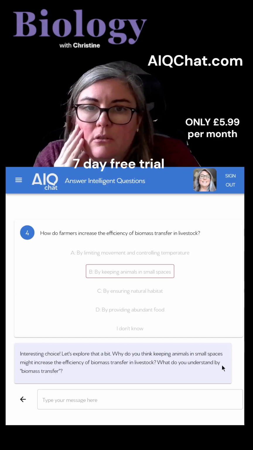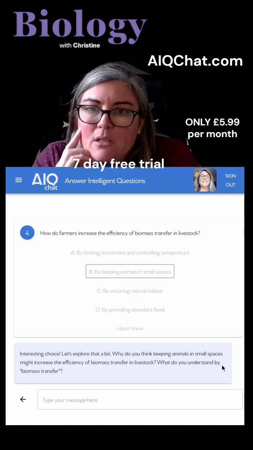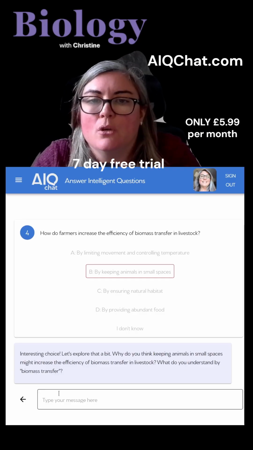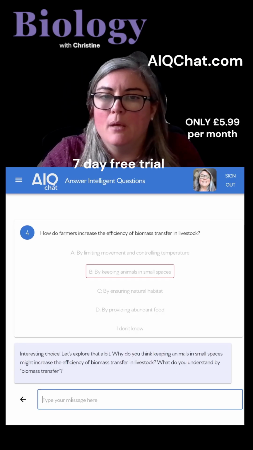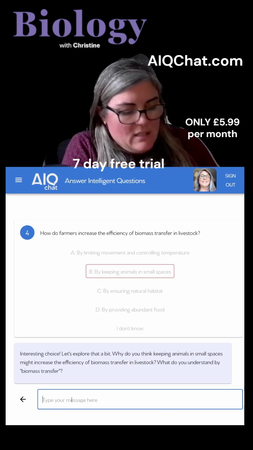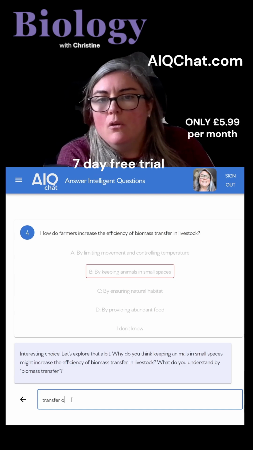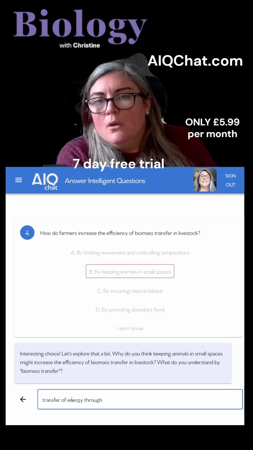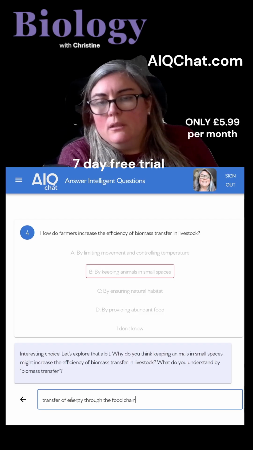So interesting choice. Let's explore that a bit. Why do you think keeping animals in small spaces might increase the efficiency of biomass transfer in livestock? What do you understand about biomass transfer? What do I understand about biomass transfer? So biomass transfer is the transfer of energy through the food chain.